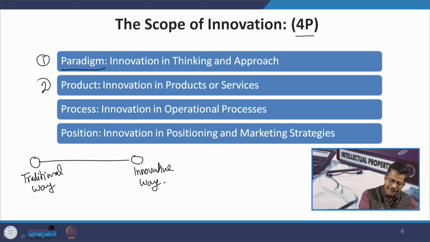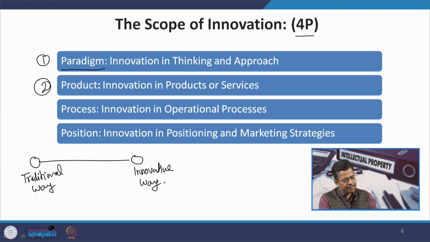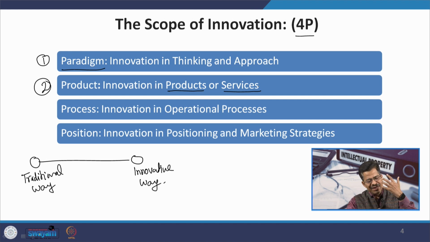Second is with respect to products. Products, when I say, we include physical products, goods as well as services, both. We take care of physical goods as well as intangible goods, which are known as services. Now, in this case, this is the most visible type of innovation.